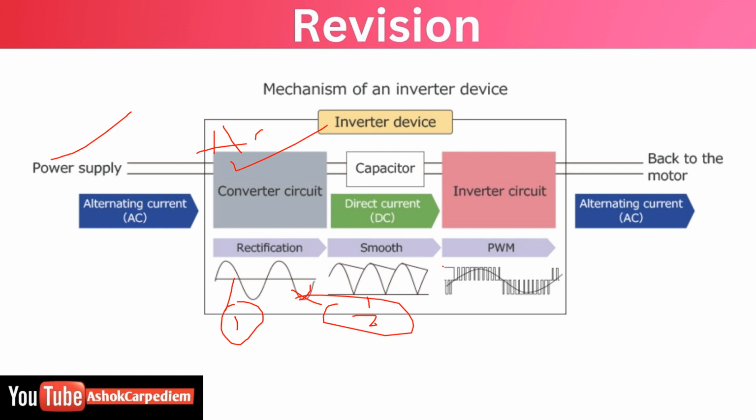Here it will come like this after input. See, this one is also a sine wave before, but it was only DC. It is coming like 0 1 0 1 0 1 like this. So this thing it will convert into a sine wave. So this is the simple working principle of a VFD.